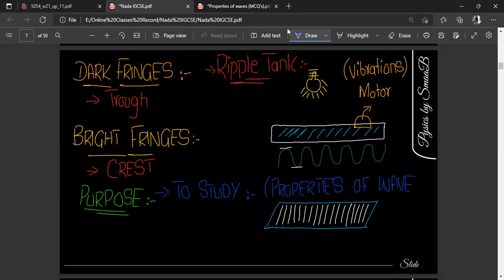So we have to study the three basic properties. First one is reflection, then refraction, and diffraction.